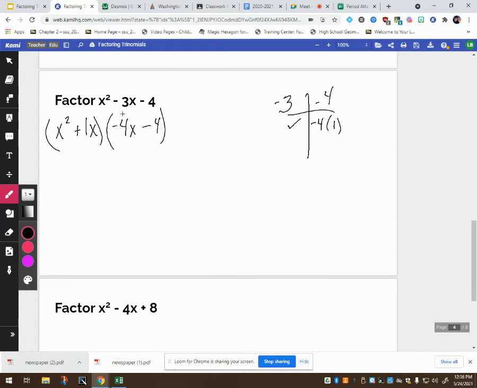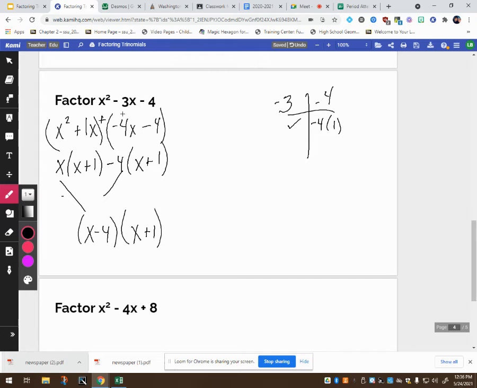Look to see what I can factor out of here. I can factor an x out of the first set of parentheses, leaving me with x plus 1. Looks like I can factor out a negative 4, again, leaving me with x plus 1. If I group them together, I get x minus 4 is being multiplied by x plus 1. We could have taken the shortcut and said, okay, x and negative 4, and x and a positive 1.